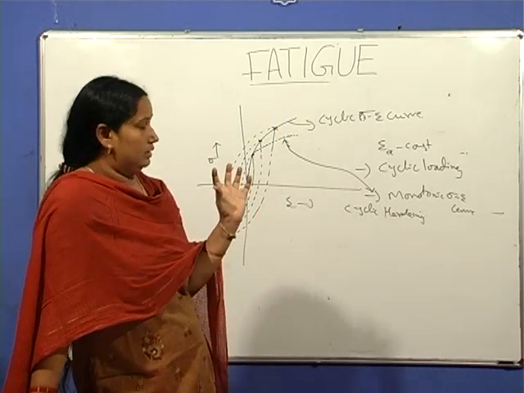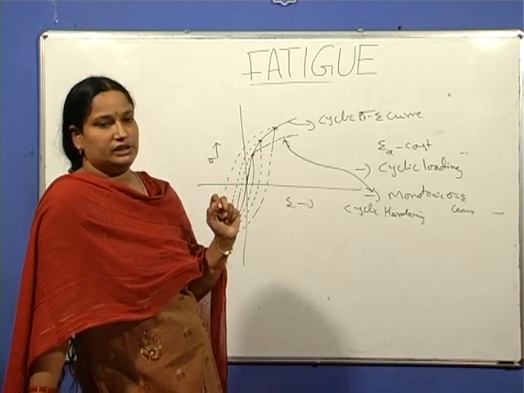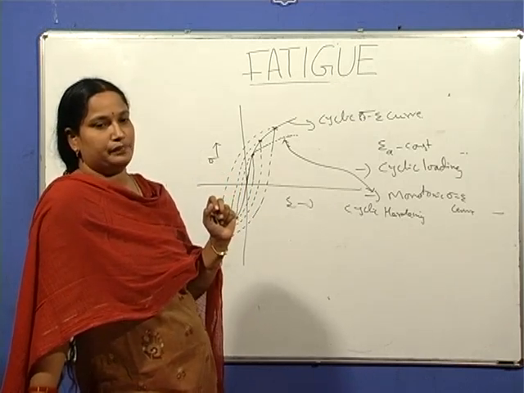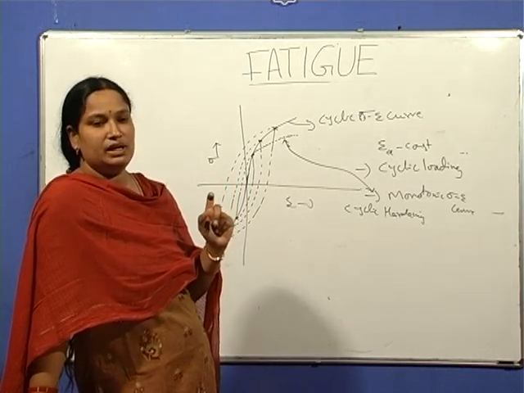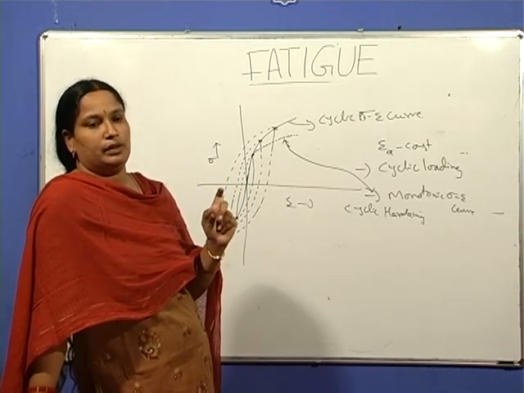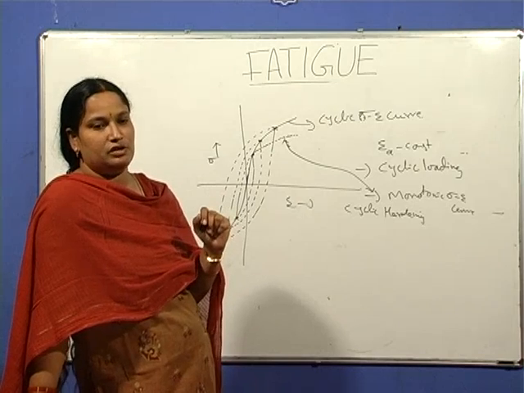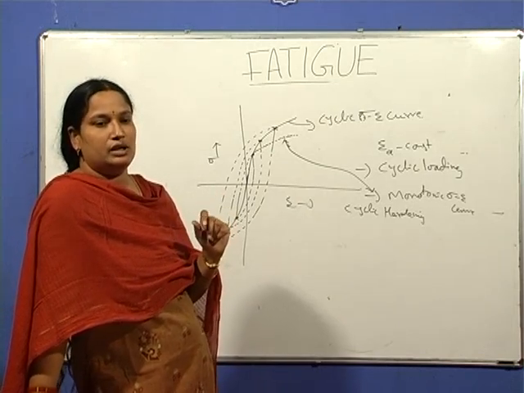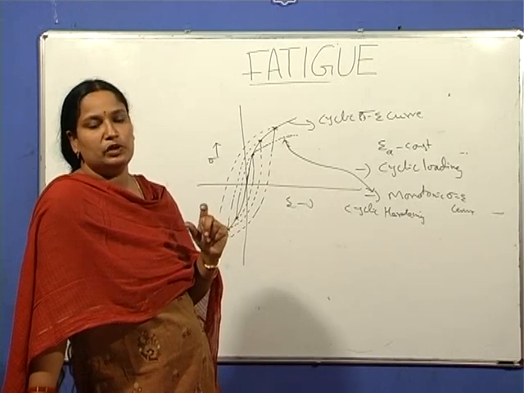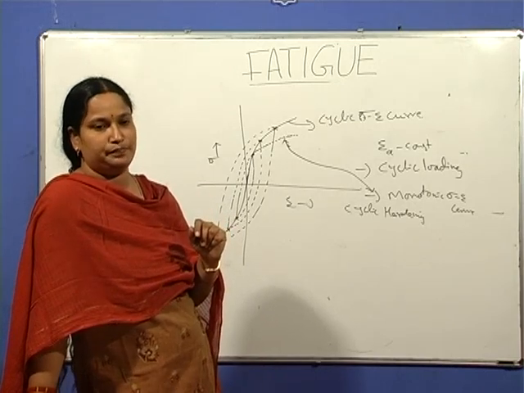This cyclic stress strain curve can be approximated by a power curve equation, which is similar to the power curve equation for the true stress versus true strain curve within the region of uniform plastic deformation.